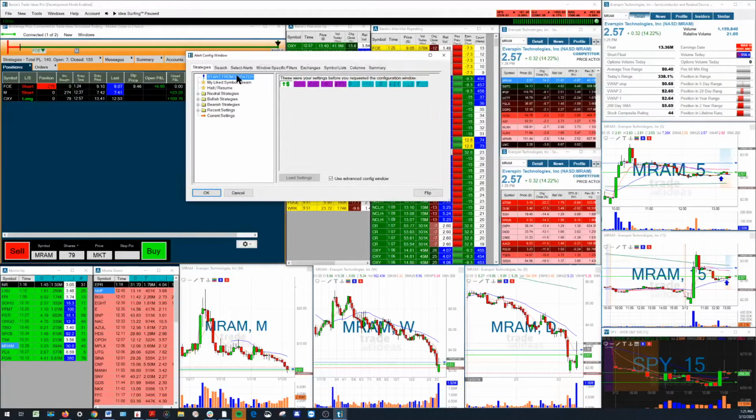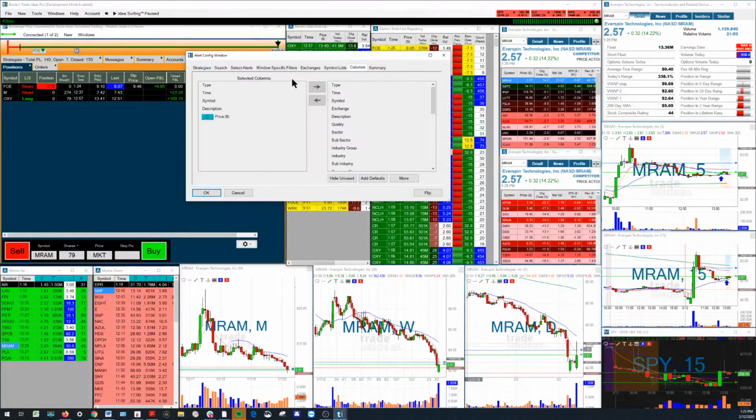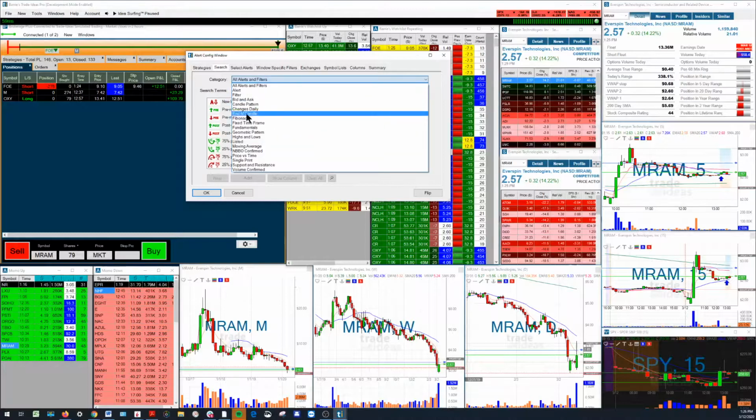I'm going to start from scratch, load the settings. Now, clicking on window specific filter, here are all the filters you can add. But here are the columns, all the columns you can add.